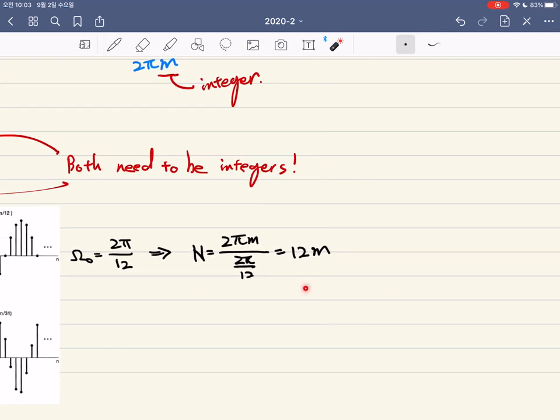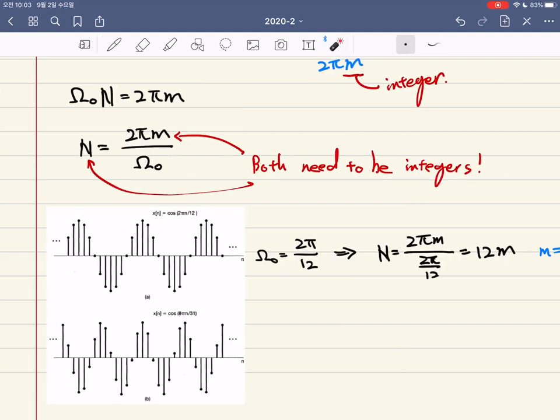With this example, m being 1 gives N equal to 12, which is the smallest integer possible for the first example, and it is the period.